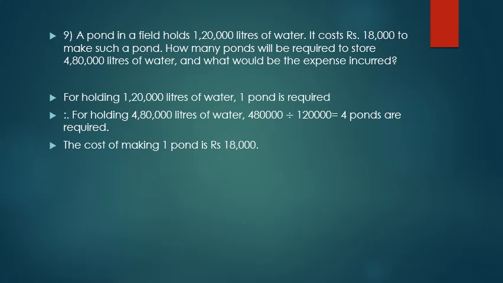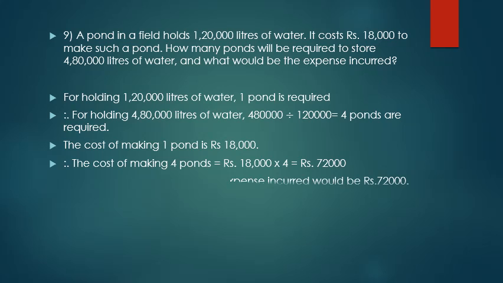The cost of making one pond is rupees 18,000. Therefore, the cost of making 4 ponds equals rupees 18,000 multiplied by 4 equals rupees 72,000. So 4 ponds are required and the expense incurred would be rupees 72,000.